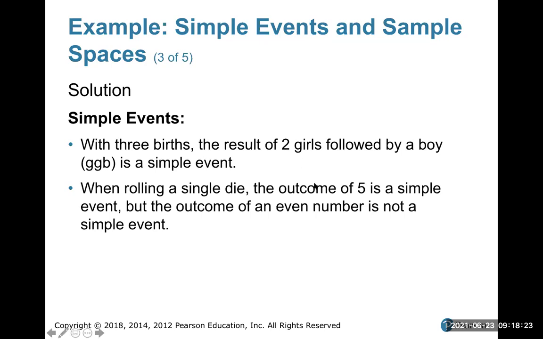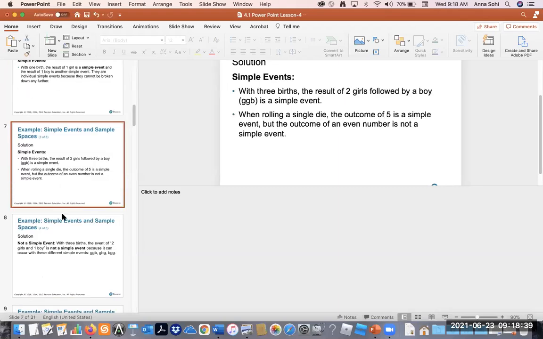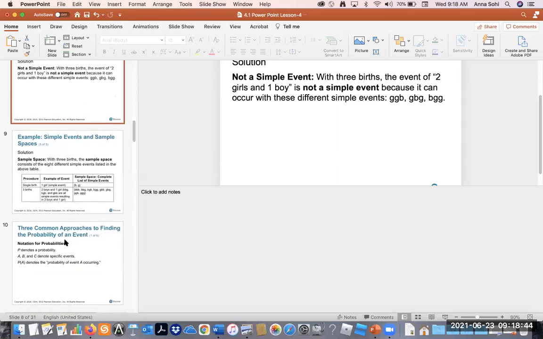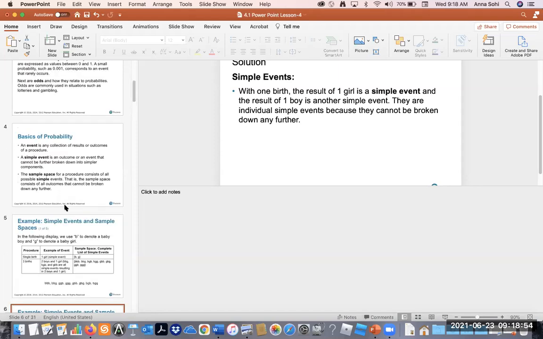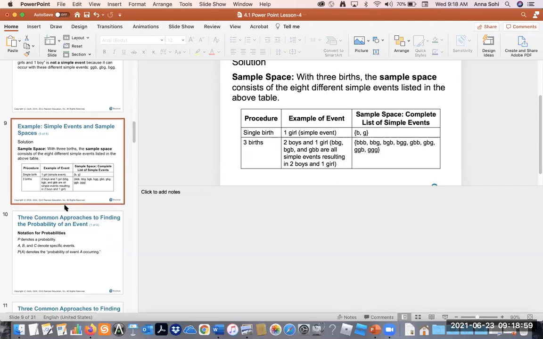So basically you would say outcome of 5, how many 5s do I have in a die? Just one 5, right? So if I was listing the sample space, let me show you.